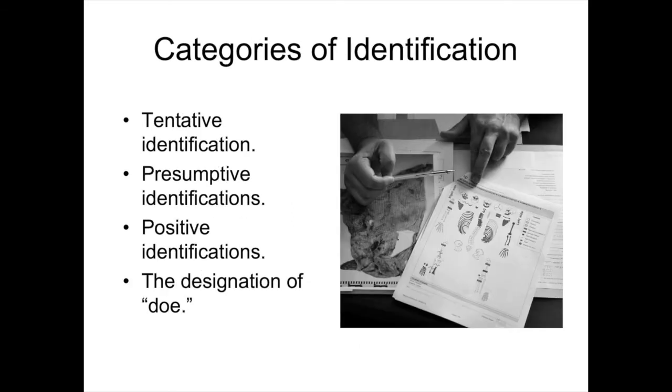Let's take a look at different kinds of categories as they relate to the identification process. Standard designations reveal, again, the level of certainty attributed to particular kinds of assessments. We have comparative standards that we use constantly in the field and in the lab. Some of these we have already looked at as part of this lecture series. Generally, these categories of identification and comparison fall into three main types. You have tentative kinds of identification.